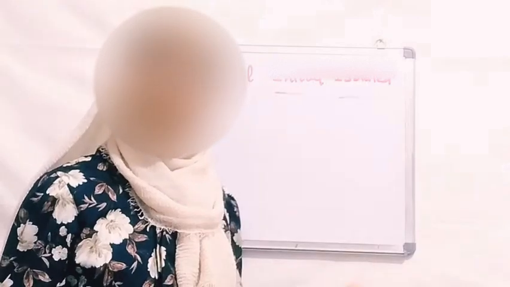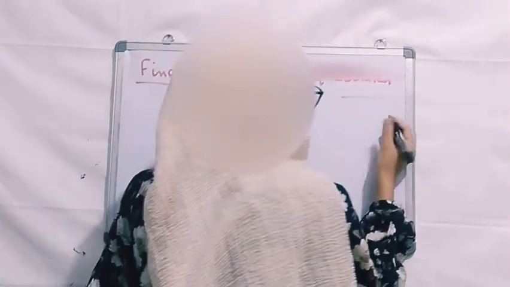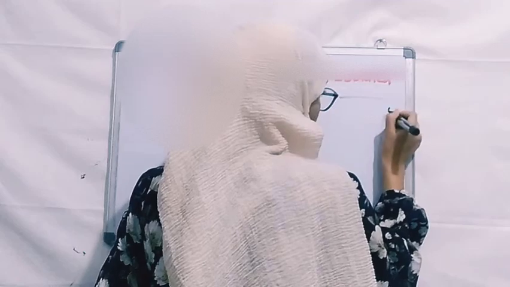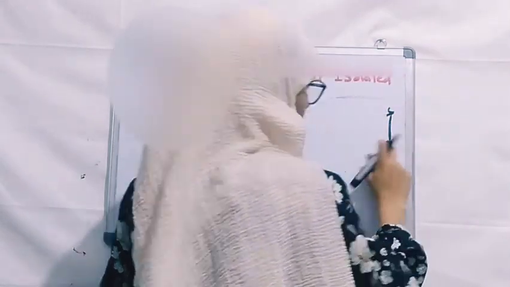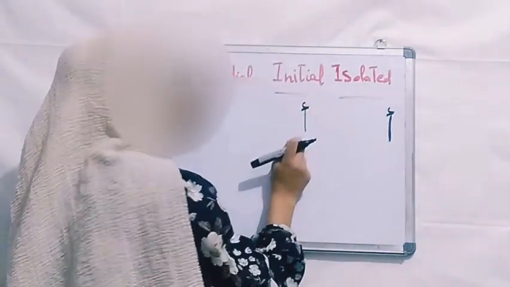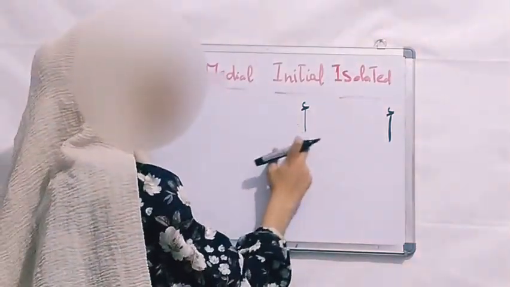We're going to start with Alif. As I told you, Alif is one of the 6 one-way connectors. Alif in isolated form, as we saw, looks like this, and in initial form also, at the beginning of the word, also Alif with a Hamza on top of it.